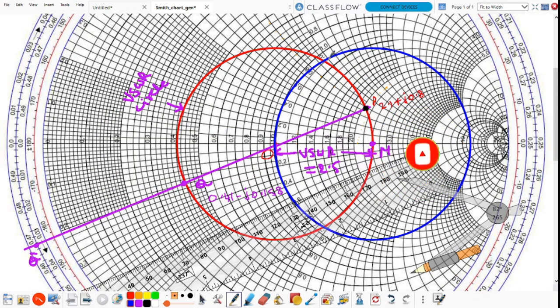This circle cuts the VSWR circle, and this intersection point is considered as point T.